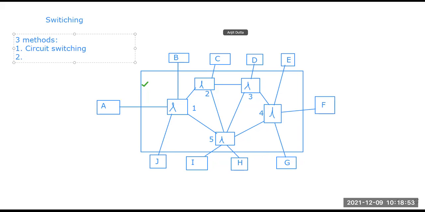Second one is termed packet switching. And third one is termed message switching. So this switching technique is further divided into three processes: circuit switching, packet switching, and message switching.